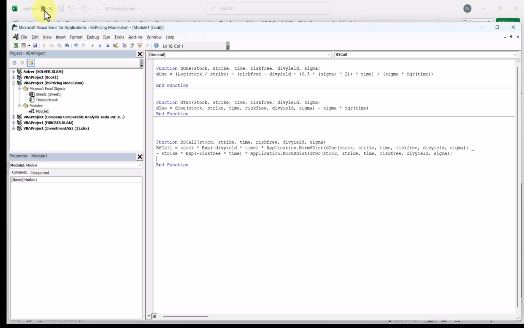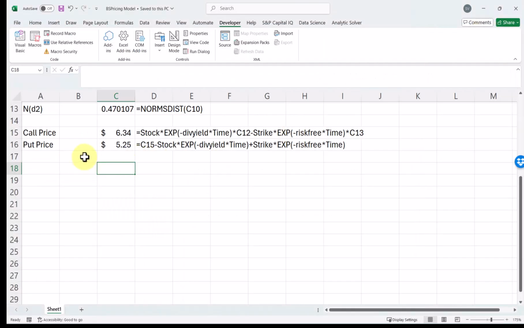We're going to save it, and then we'll go out to our spreadsheet here, and we're going to try it out.